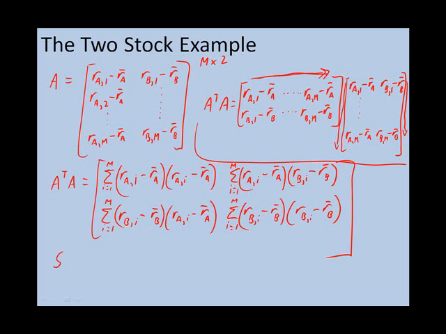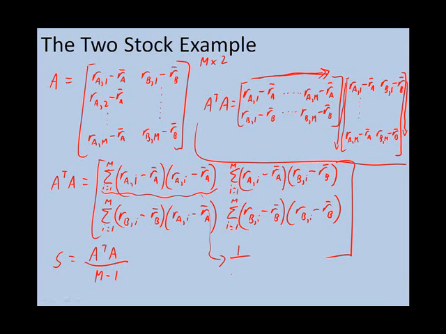S is just going to be equal to A transpose times A divided by M minus 1. If we look at the first element, let's take the first element of A transpose times A and see what we get if we divide through by M minus 1.